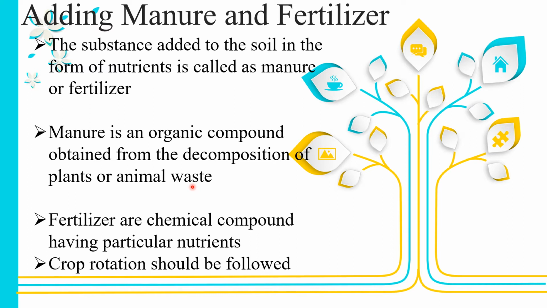Whereas fertilizer is a chemical compound that has particular nutrients. That is, fertilizers are man-made, made in the laboratory, and they can be prepared in such a way that they have specific nutrients required by the farmers, but they are not environment friendly.